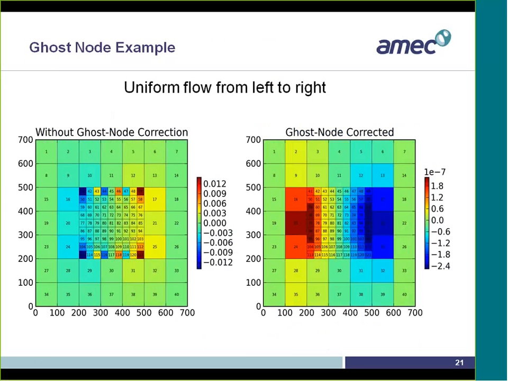And an example of this ghost node correction for a nested grid: this is just a problem with uniform flow from left to right, and what it shows here are the errors in the solution. And you see that at the corners you have large errors in solution, and this is nothing to do with convergence, it is to do with the formulation, because we are not using the head at the ghost node location.